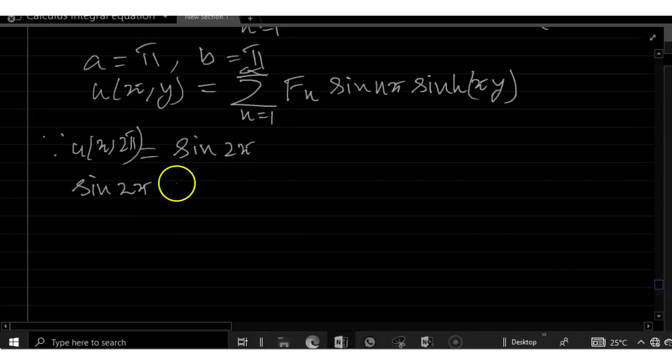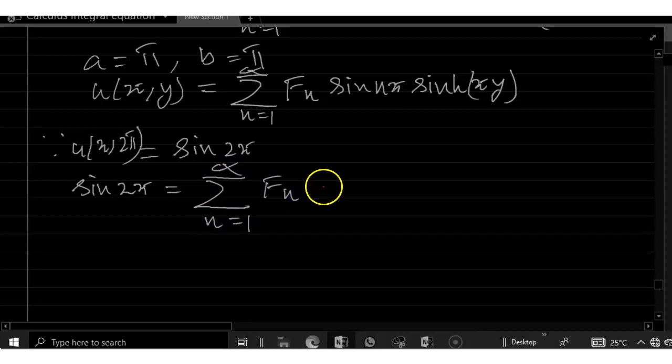So sin 2x equals summation n equals 1 to infinity f_n sin(nx) into sinh(n pi).